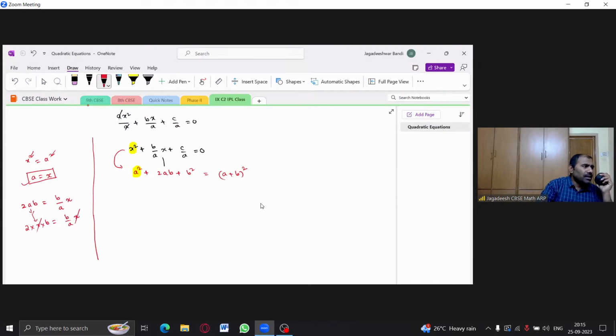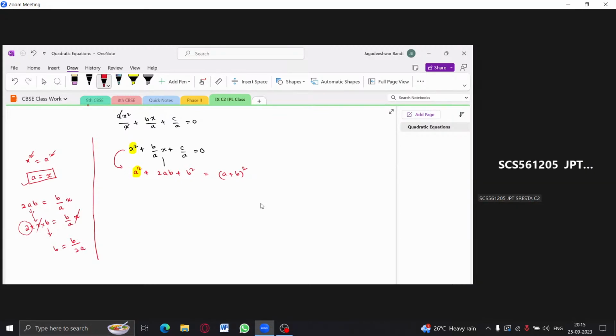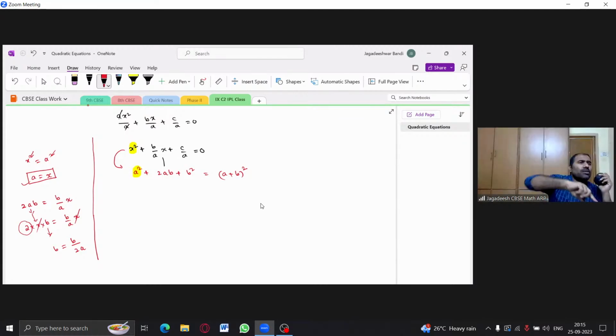X gets cancelled. Now I want to get b value, so I have to transpose this 2 to the right side. So what I'll get? B by 2a. Is that okay, Ms. Shrestha? Yes, sir. Thank you, sir. That is how the b value is b by 2a. Hope you all understood what is a value, what is b value.